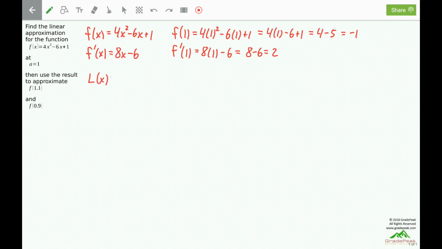The formula for the linear approximation L of x is f of a plus f prime of a times x minus a. In this problem, a is 1, so this will be f of 1 plus f prime of 1 times x minus 1.